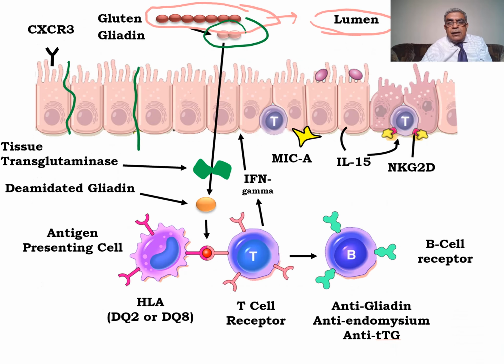Again, coming back, permeability is increased. This is the lamina propria, and more gliadin is entering.